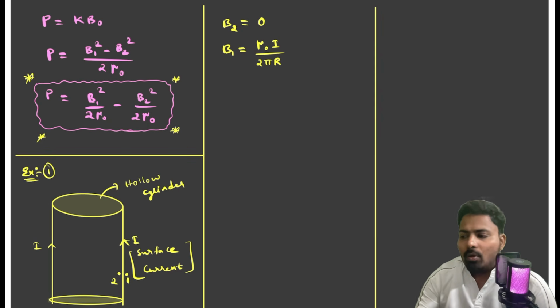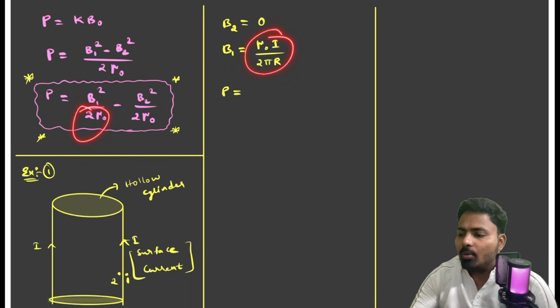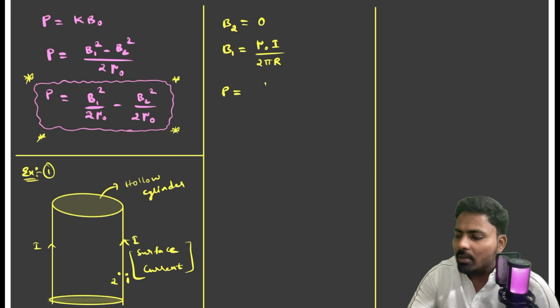Now as we know B1 and B2, I can directly find the pressure. The pressure it is going to experience: B2 is already 0, so that term is 0. The answer is B1 square by 2 mu naught. B1 square is mu naught square I square by 4 pi square r square, into 1 by 2 mu naught.